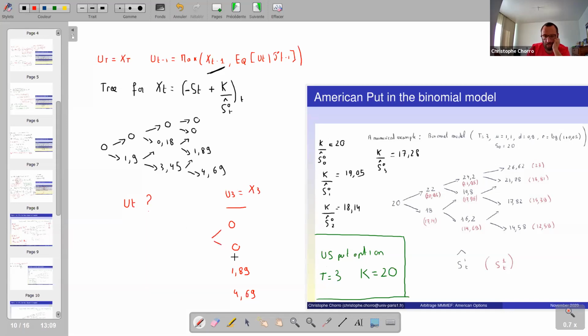And then I have to complete the tree, to obtain quantities that I will denote as in the lecture notes 1, 2, 3, 4, 5, and the price at time t equal to 0, that is 6. My job is to determine all these quantities from the trees I have here. So let's do the job.